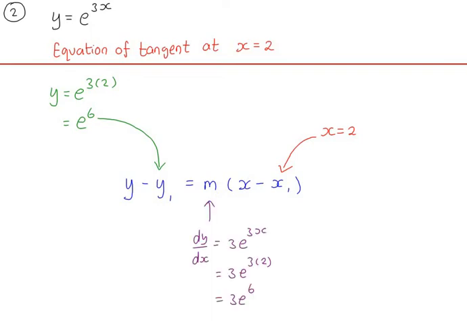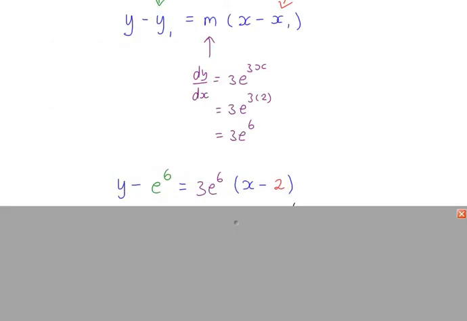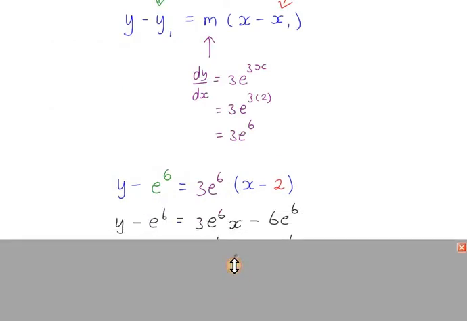For the gradient, we do dy by dx, so we differentiate our function. We substitute in x equals 2, so the gradient will be 3e to the power of 6. Substituting the values in, expanding the brackets, and now we have an e to the power of 6 term here and here.